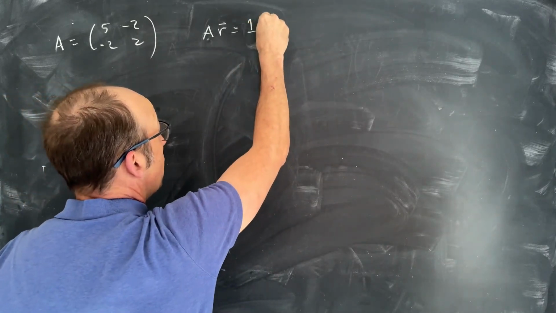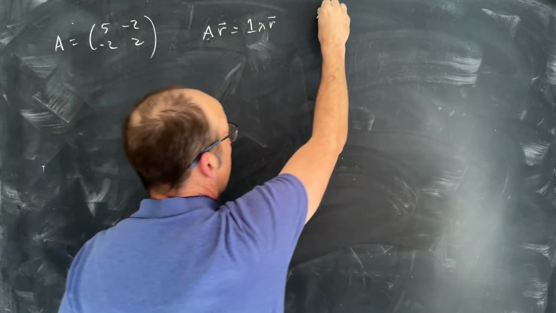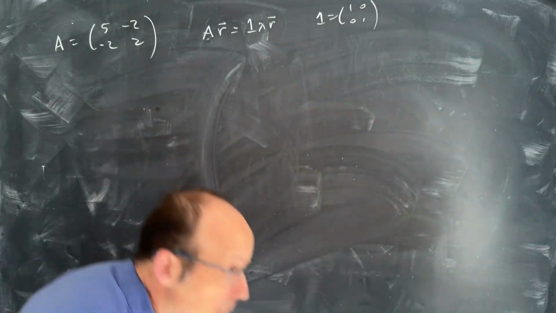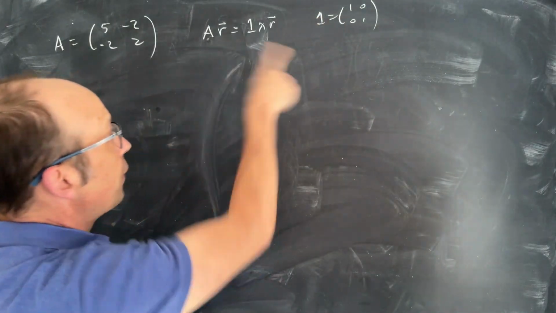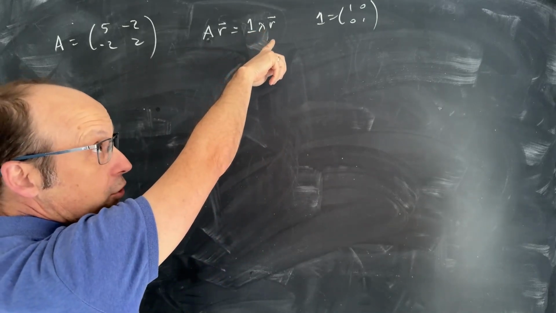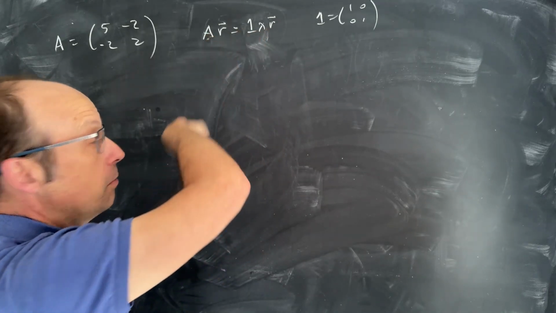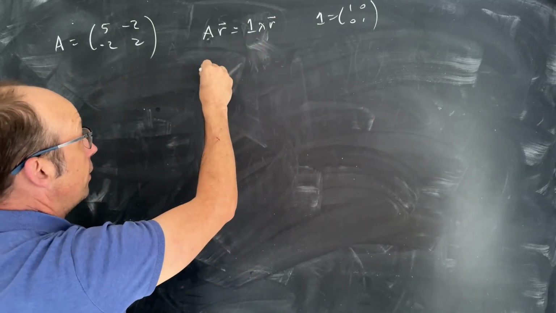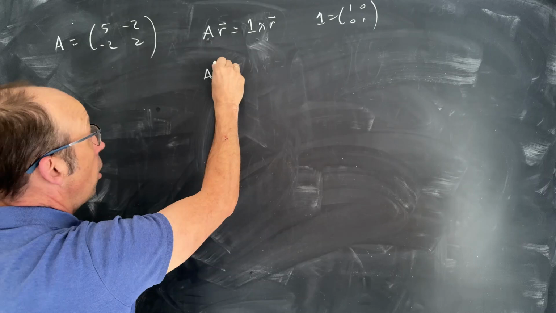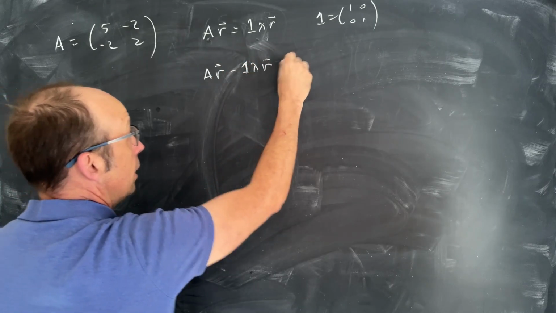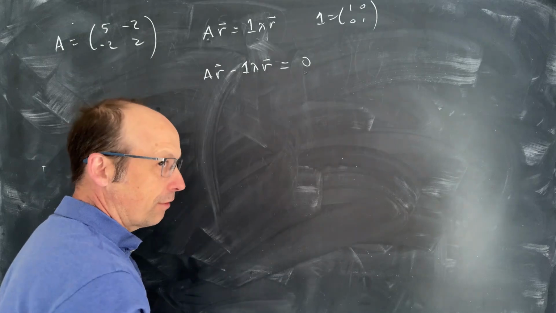So 1 lambda R, where the identity matrix is 1, 0, 0, 1. If I do that, I don't change the value, but I make this a 2 by 2 matrix on the right-hand side, and I have a 2 by 2 on the left-hand side. So now I can subtract that from both sides, and I get AR minus 1 lambda R equals 0, and that's the 0 matrix, 0, 0, 0, 0.